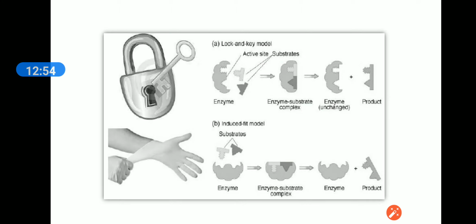So we conclude today's topic: in the lock and key model, there are complementary sites for substrates on the enzyme active site, but the induced fit model provides flexibility, and after the interaction of the enzyme with the substrate there are induced conformational changes in the enzyme.